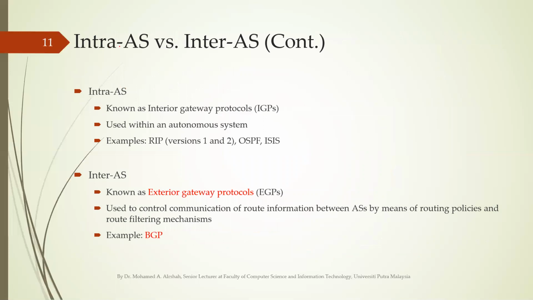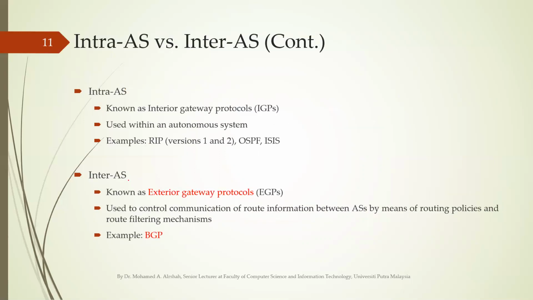Okay, intra-autonomous system versus inter-autonomous system. We will see here the features of every class. So the intra-autonomous system protocol, known as interior gateway protocol, is used within an autonomous system. Examples of them are RIP version 1 and 2, also OSPF and IS-IS as well.